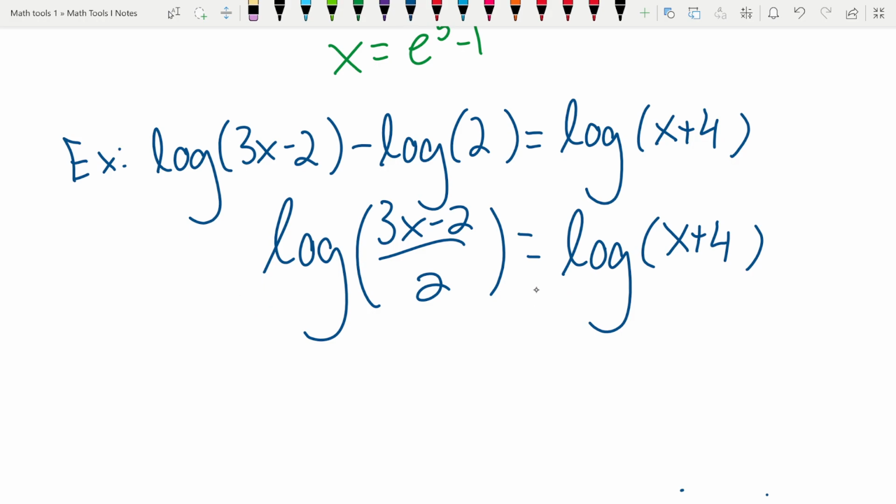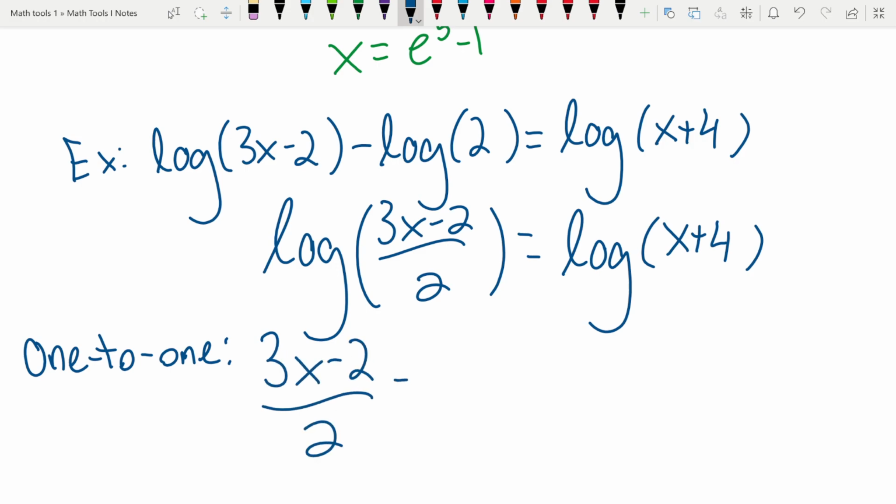The better way to think about it, since we don't know the base, is that now we invoke the one-to-oneness of the logarithm. If we have the log of something equals the log of something, those somethings have to be the same number. So in other words, we can just drop the log, and we get (3x minus 2) over 2 equals x plus 4. This is the one-to-one property of the logarithm.